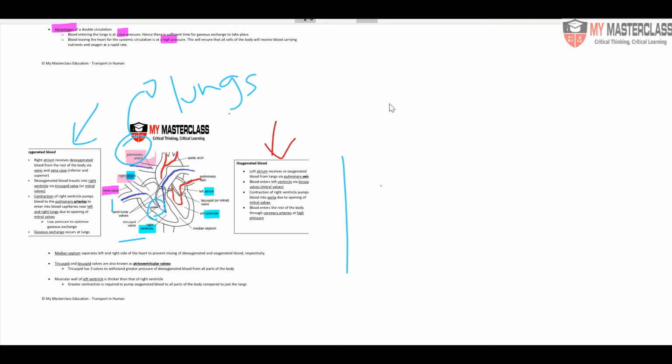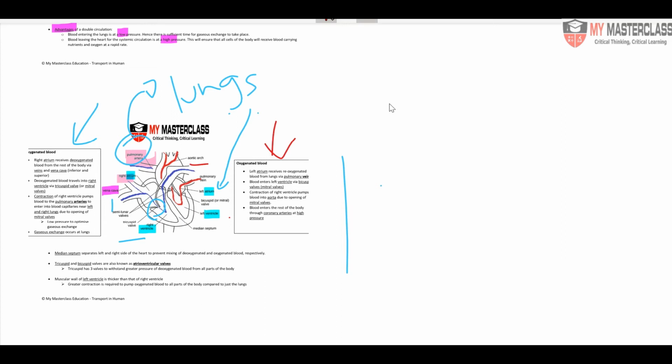Once the blood is oxygenated, it will enter back into the left side of your heart. From the lungs, it will enter into your left atrium, drop down to the left ventricle, and the left ventricle muscles pump it upwards through your aortic arch to the rest of the body.